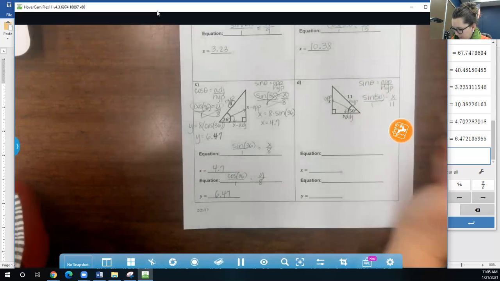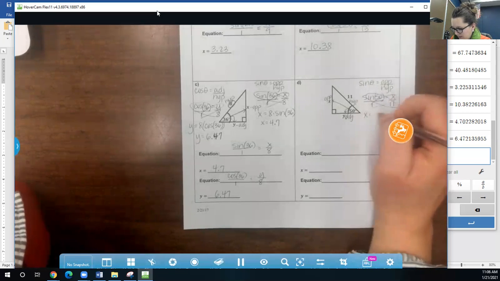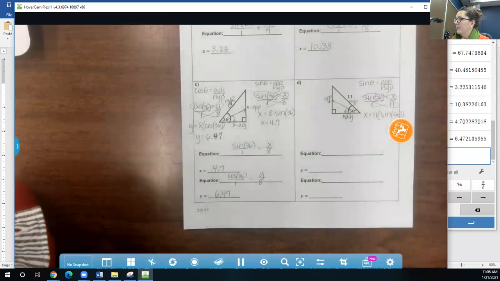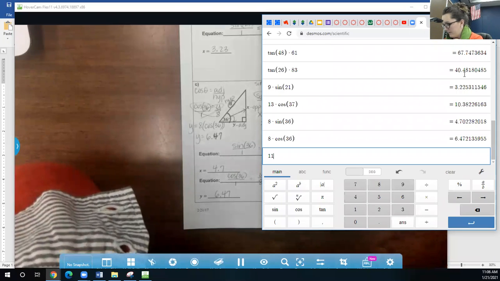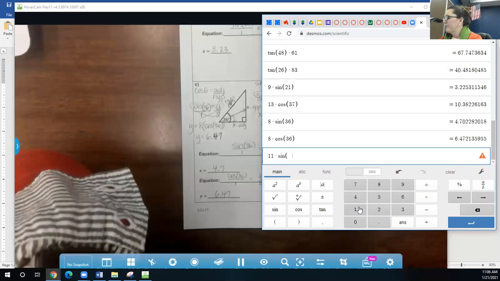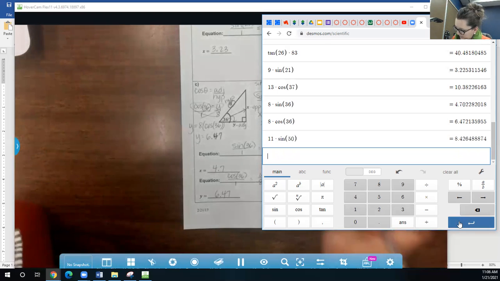Make it a proportion by placing that over 1. Cross multiply, so we have x equals 11 times sine of 50. All right, let's plug that in the calculator. 11 times sine of 50. Answer 8.43. 8.43 looks pretty good.